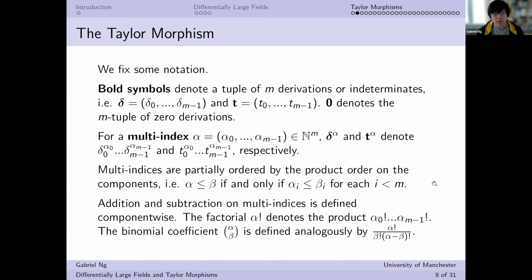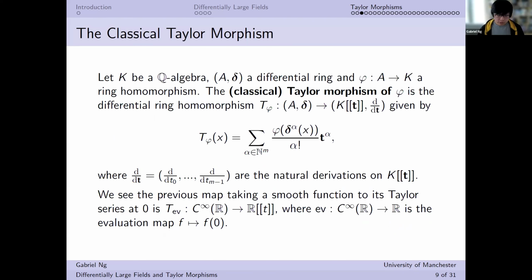Okay. So now we'll talk about this generalization, this classical Taylor morphism.